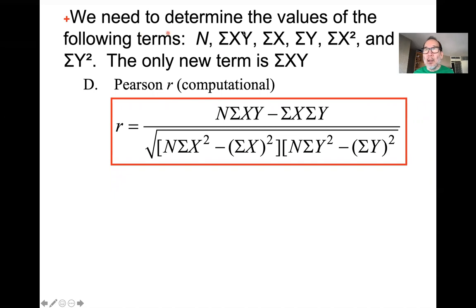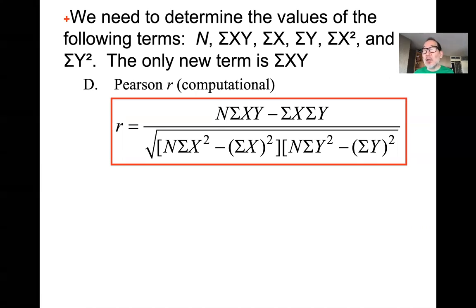So what you need to do is know the number of subjects, the sum of all the x and y's, we'll look at that in a moment. The sum of x, the sum of y, the sum of all the x squares, and the sum of the y squares. Sounds like a lot, but it's really straightforward and fairly simple.